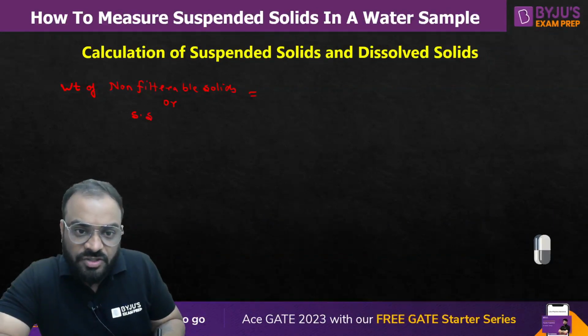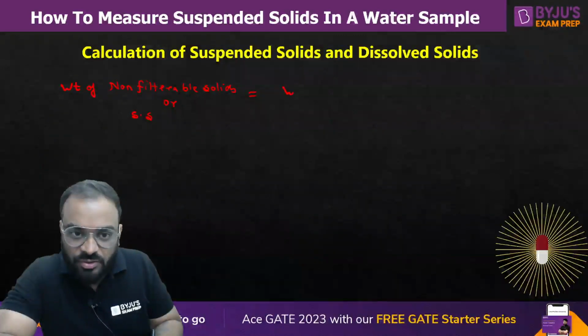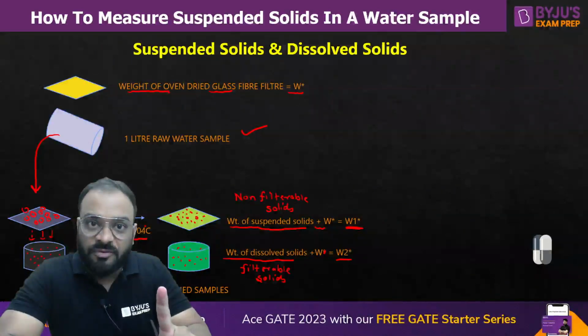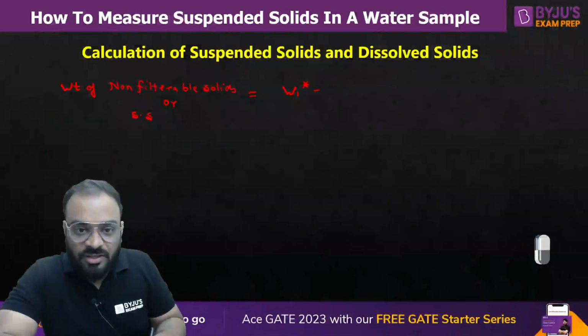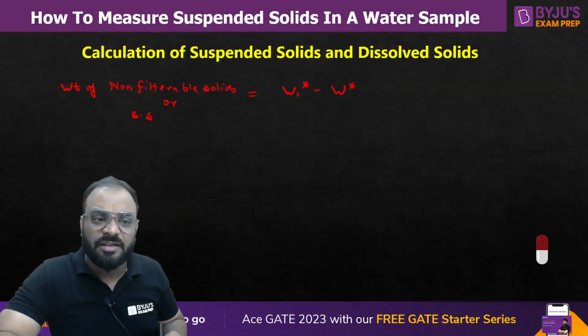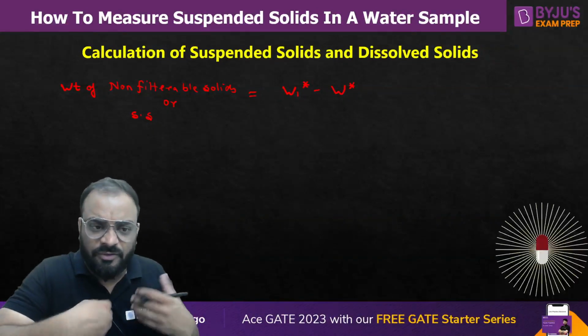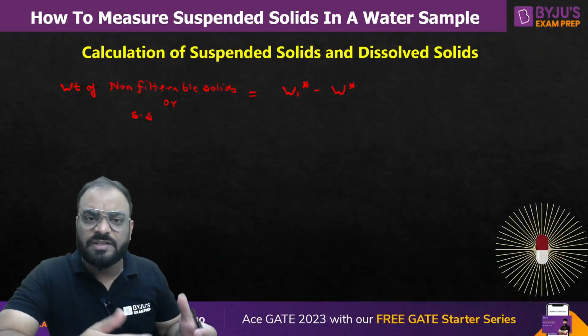Can I write here it should be equal to how much? This value is W1 star, we know this particular value, minus the weight of glass fiber filter. So can I write here guys this should be W star. So ultimately you are getting the weight of non-filtrable solid or suspended solid over here. Now if I ask you guys, what should be the concentration of it?